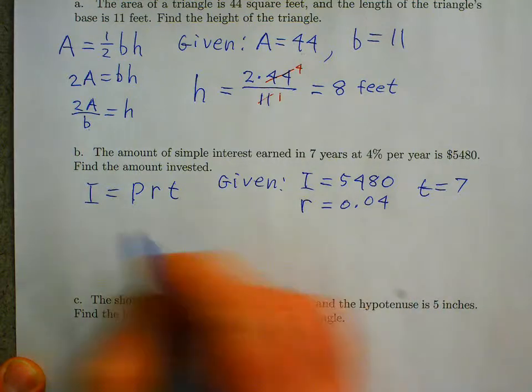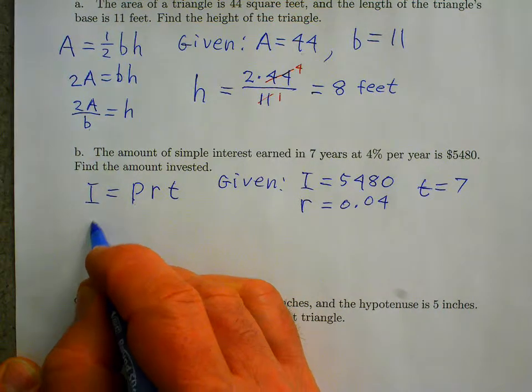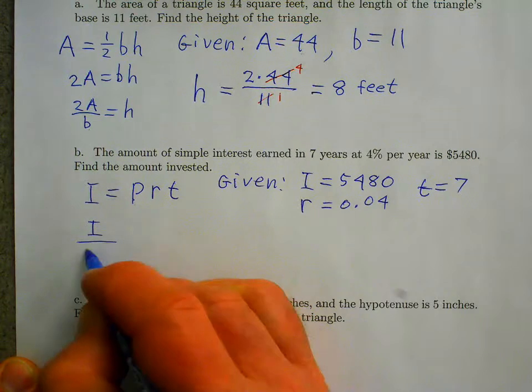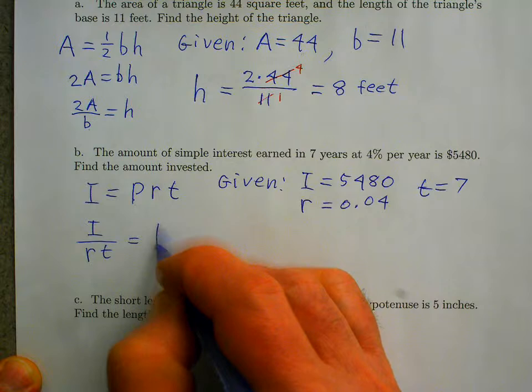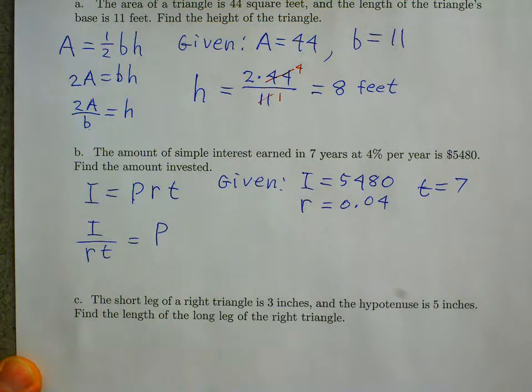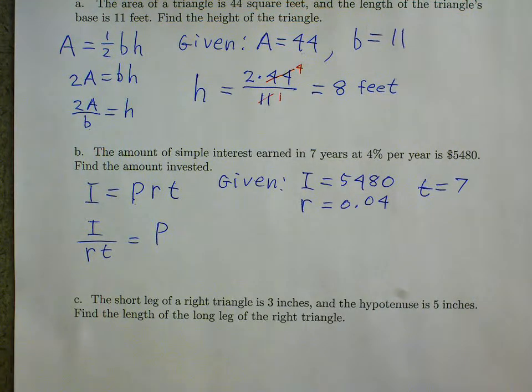So we can divide both sides by r times t. We can do that first if you want. So the simple interest divided by r times t equals p.